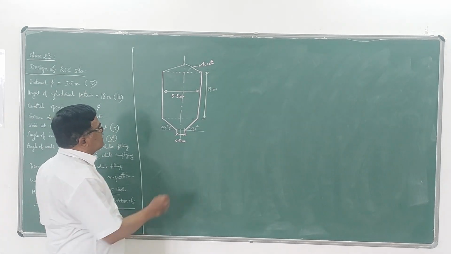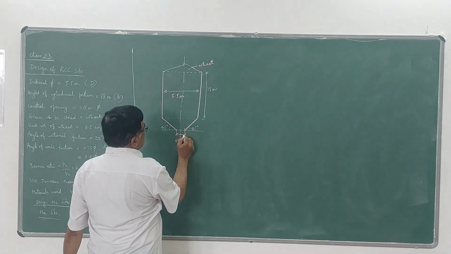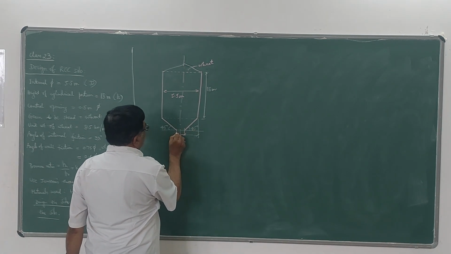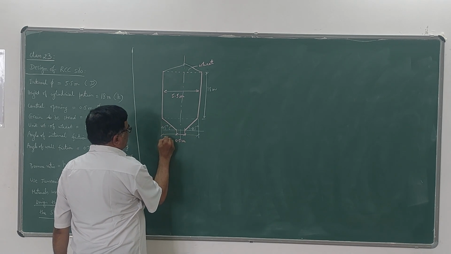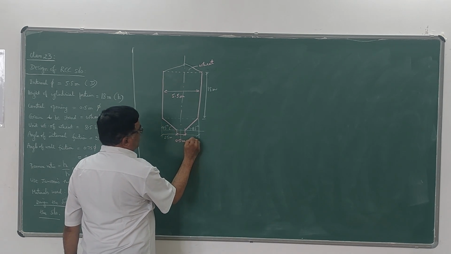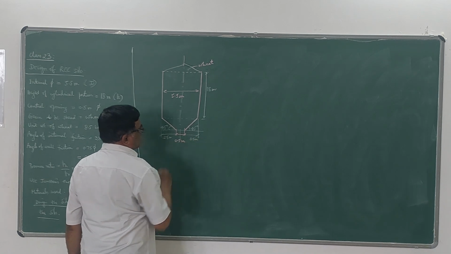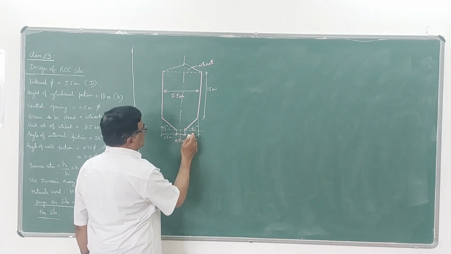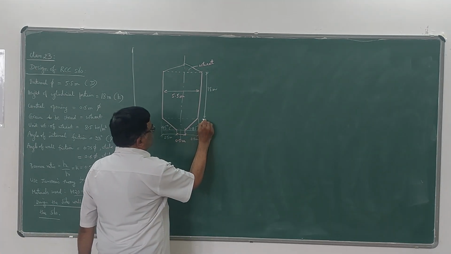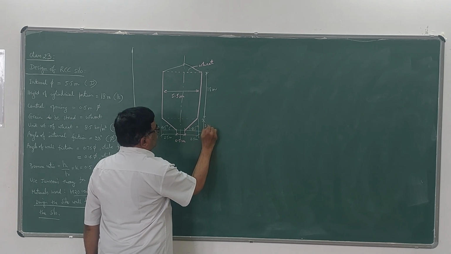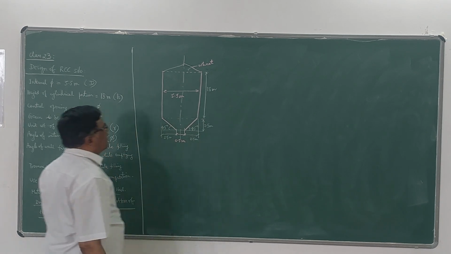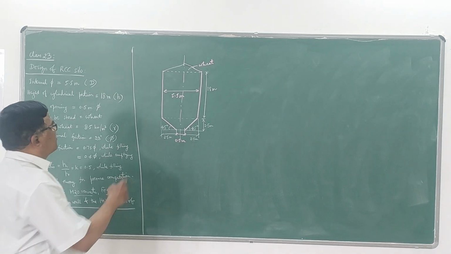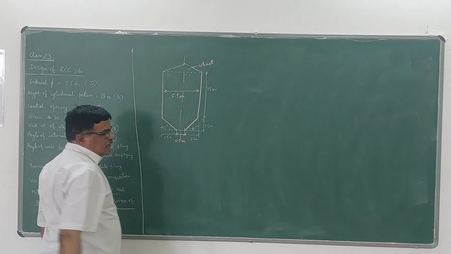Since this 0.5 is deducted here, this will be 2.5 and this will be 2.5 meter. Now since it is 45 degree and this is 2.5, this also will be 2.5. So these are the preliminary dimensions of the silo. This is the cylindrical portion, and this is the hopper bottom portion.